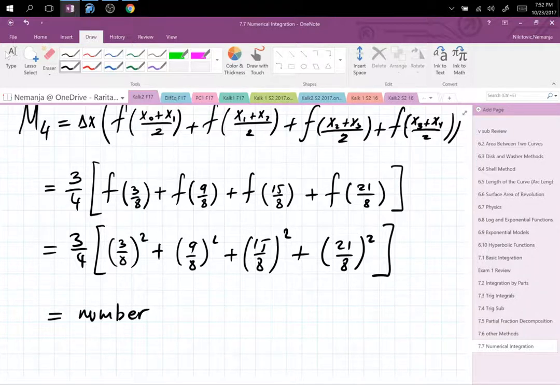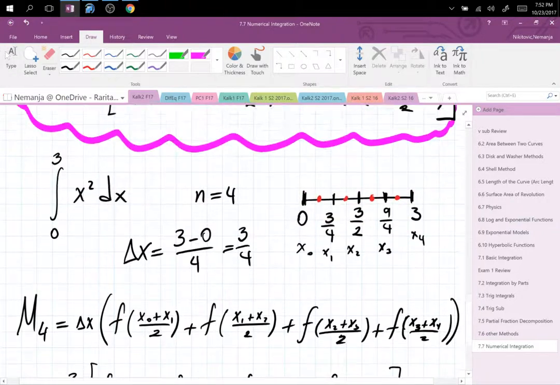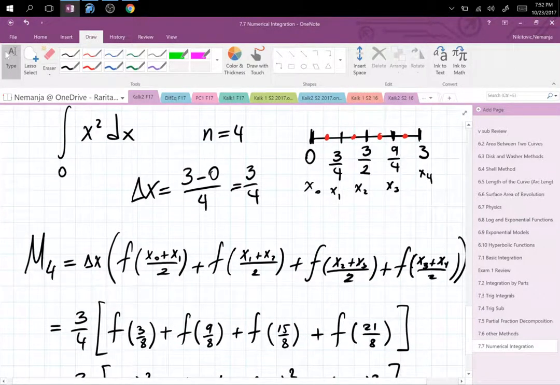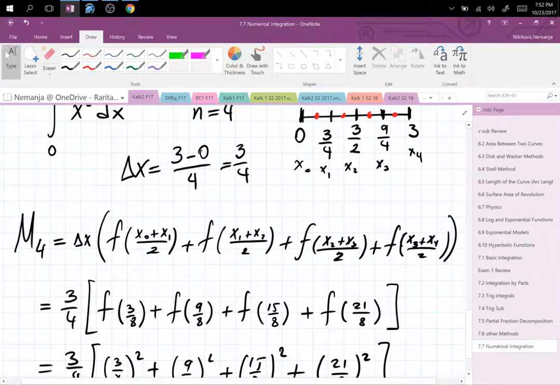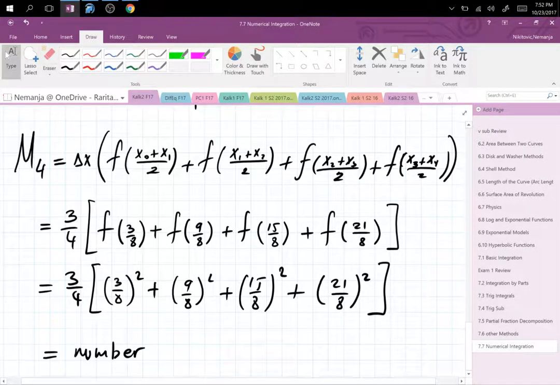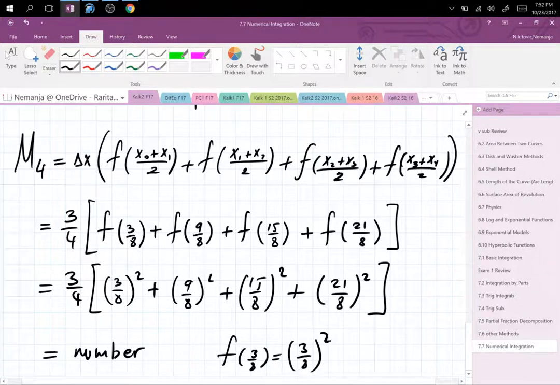That's all it is. You write the partition. The function is x squared, so f of 3/8 is equal to 3/8 squared. So you have to plug everything in a function. All of these partitions you plug in a function.